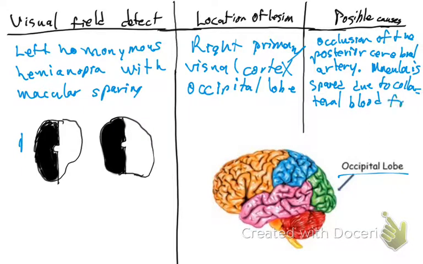Blood from the middle cerebral artery. So that means this patient has a lesion in the posterior cerebral artery, okay? But the macula is spared because the patient has a supply through the middle cerebral artery.